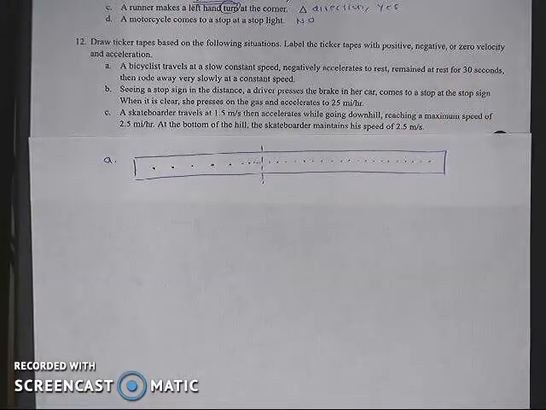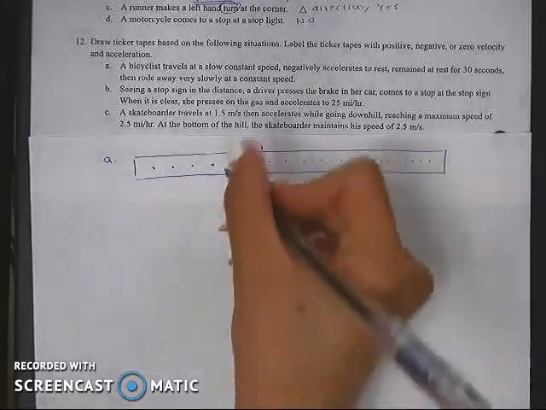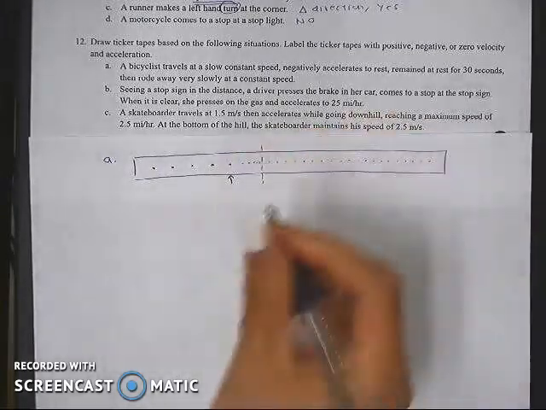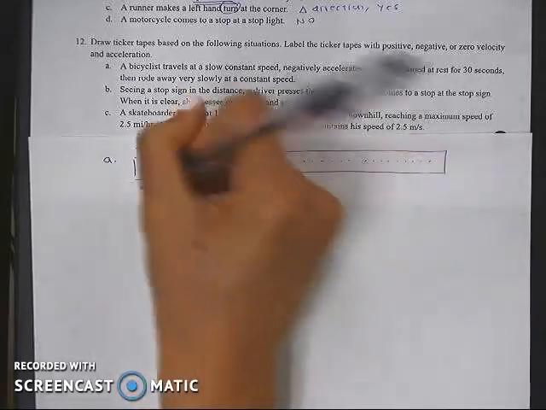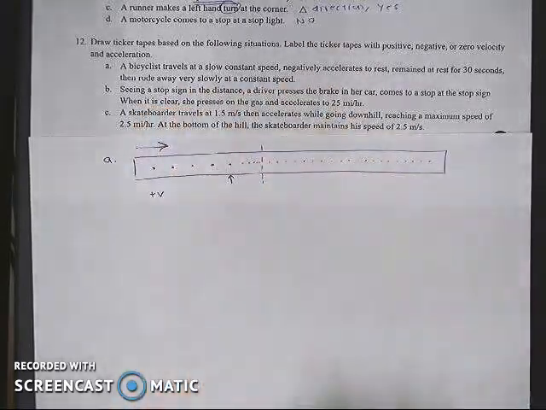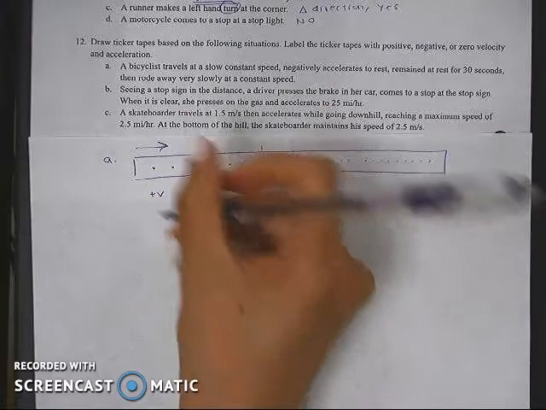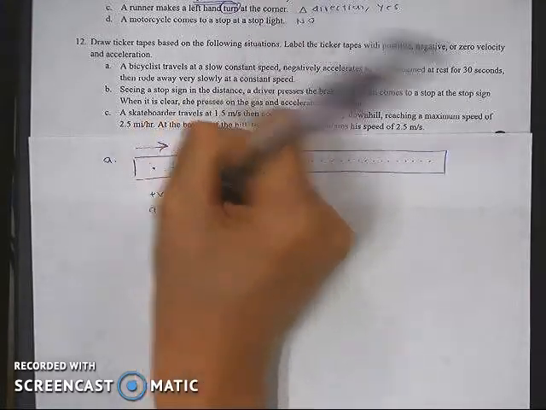All right, so let's describe what's going on in each of these segments. So the first part is a slow constant speed, basically up to this point. So the velocity, because we're moving from left to right, is positive velocity. But if it's constant, then acceleration must be 0.